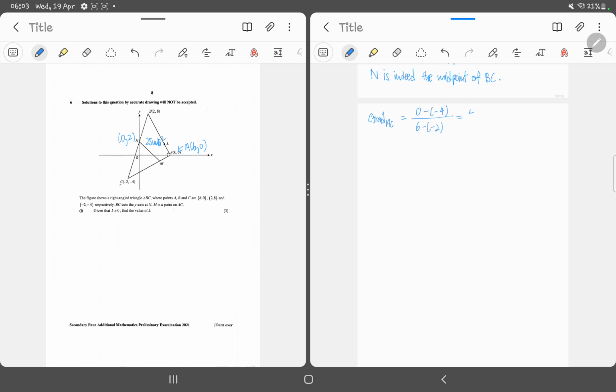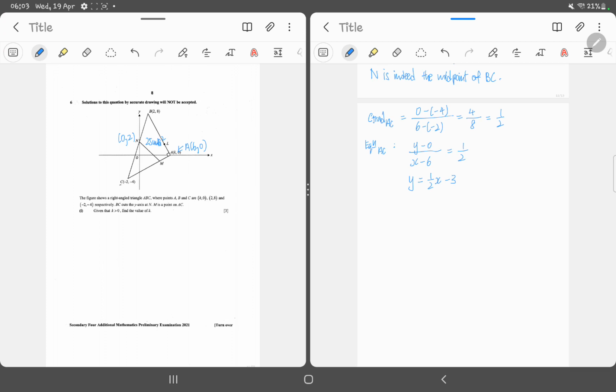So this is equal to 4 over 8, which is equal to 1 over 2, which means that the equation of AC is y minus 0, meaning y minus the y coordinate of point A, equals the gradient times x minus the x coordinate of point A. So this equals 1 over 2, which is the gradient. So the equation of the line AC after solving is y equals 1 over 2 x minus 3.